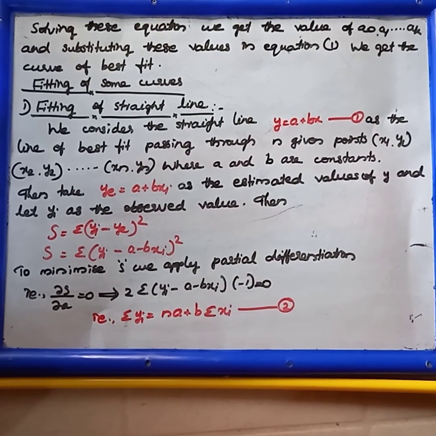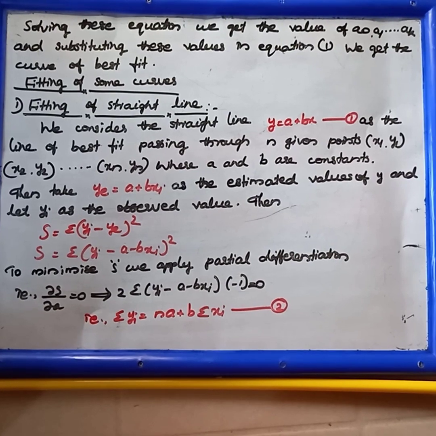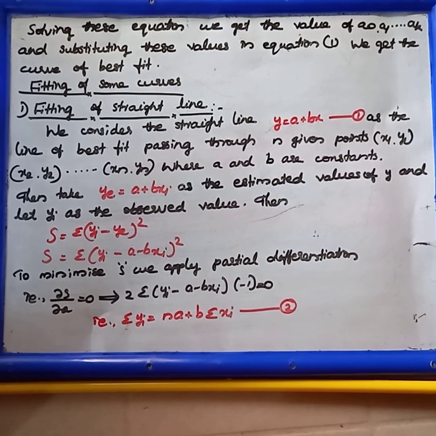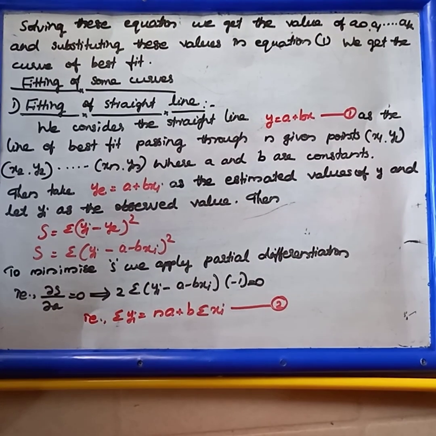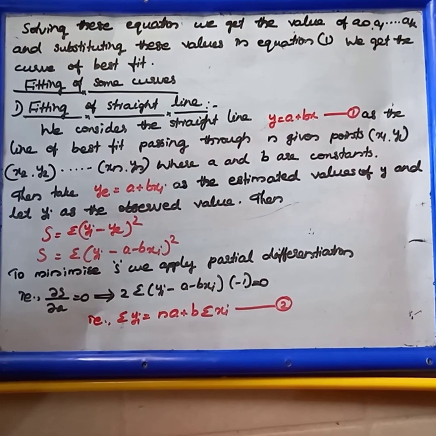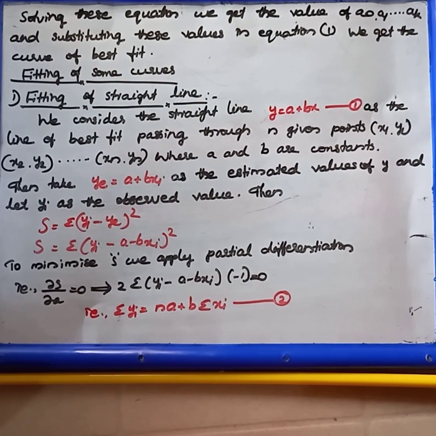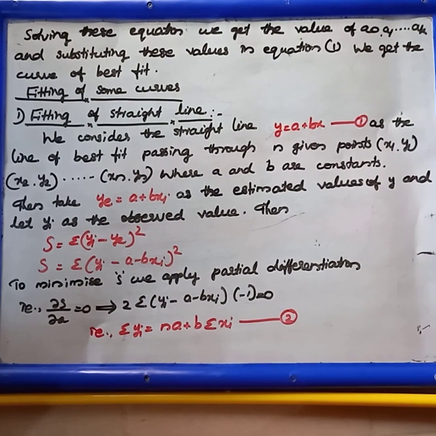To minimize s, we apply partial differentiation, that is, dou s by dou a is equal to 0 implies 2 into summation yi minus a minus bxi into minus 1, differentiating with respect to a, which is equal to 0. That is, summation yi is equal to na plus b into summation xi, taking summation on both sides.